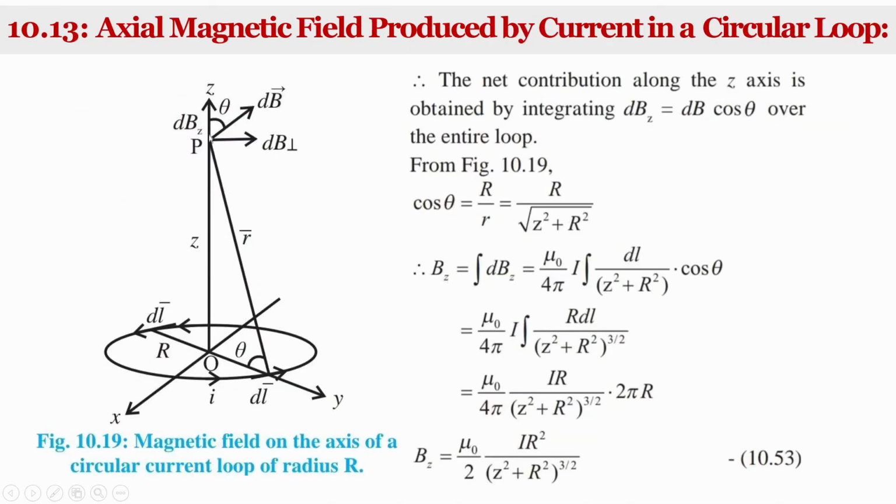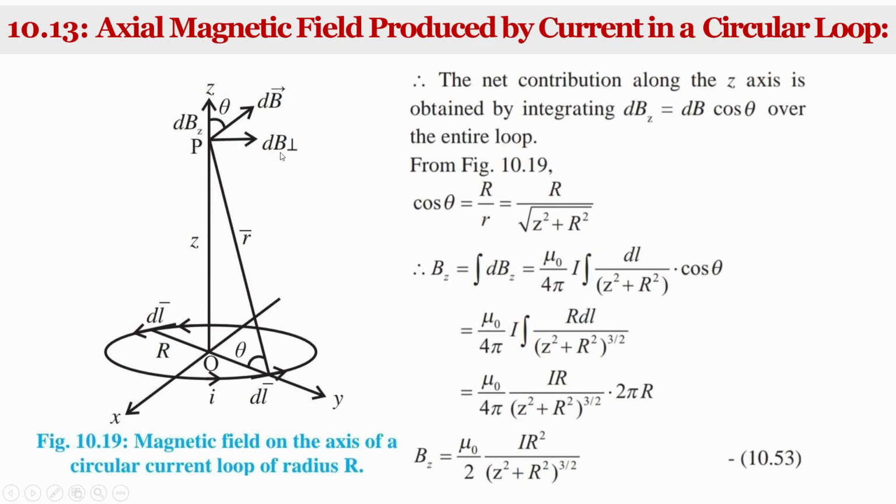The perpendicular components, considered over all directions, have a resultant of 0, since they are equal in magnitude but opposite in direction.